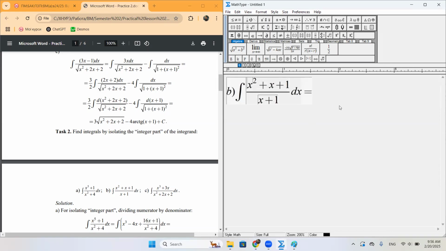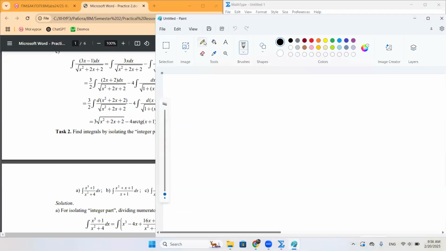I wrote it down, and now let's divide the numerator by the denominator. So we will need to use paint.